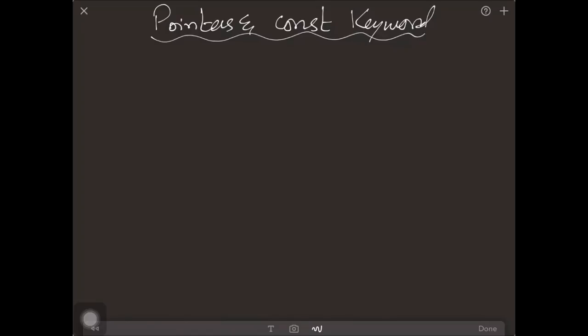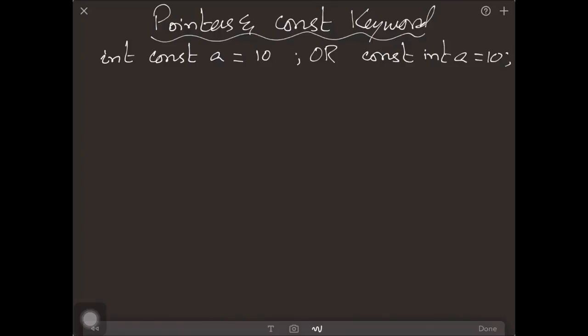You can create a const variable by writing something like this: int const a is equal to 10, or maybe you write something like this: const int a is equal to 10. After writing any of these two lines, this a will be declared in the read-only memory. Now if you do something like a++, this will generate an error.